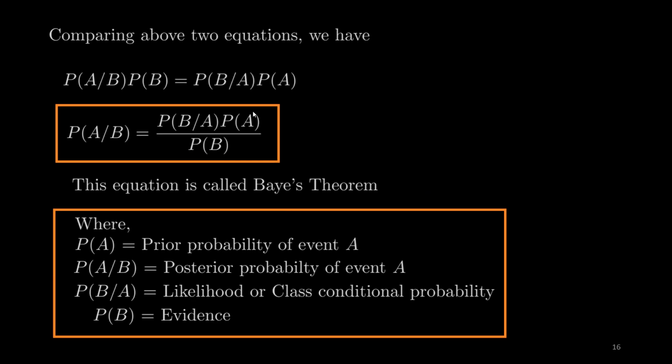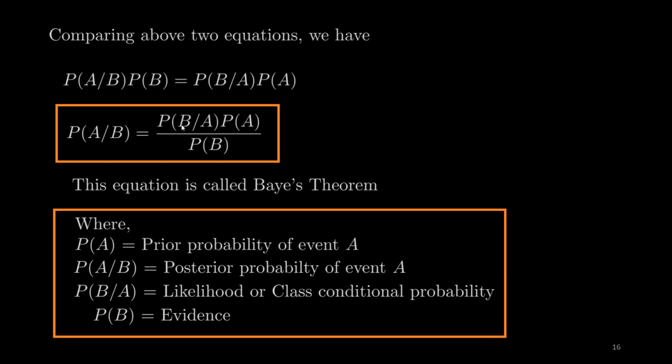We know this probability, and with the help of the probability of event A, we will find again the probability of event A given that some other event has occurred. So this is also the probability of event A, but it is conditioned on B. This is the probability of A without being conditioned. So this is called the prior probability of event A, and this is called the posterior probability of event A.